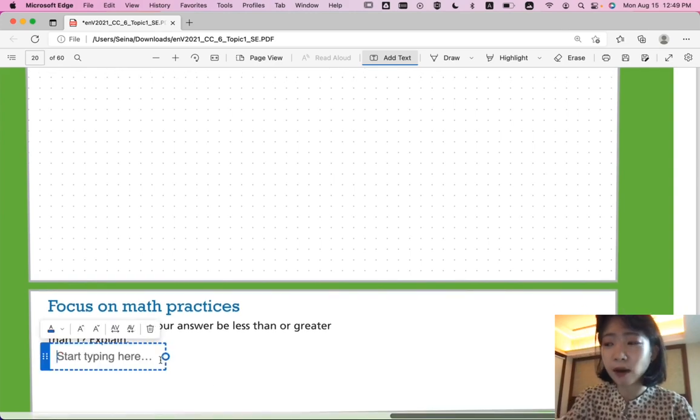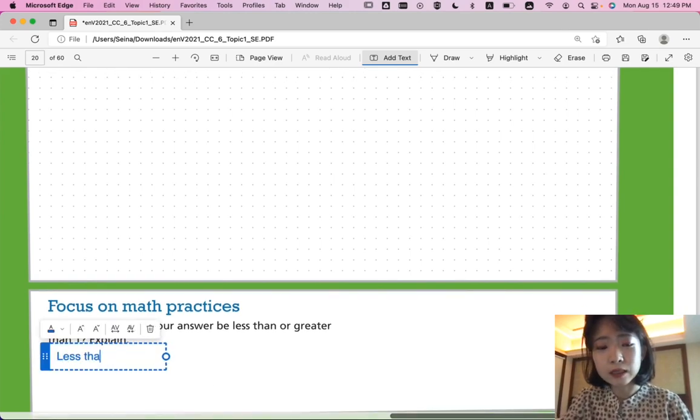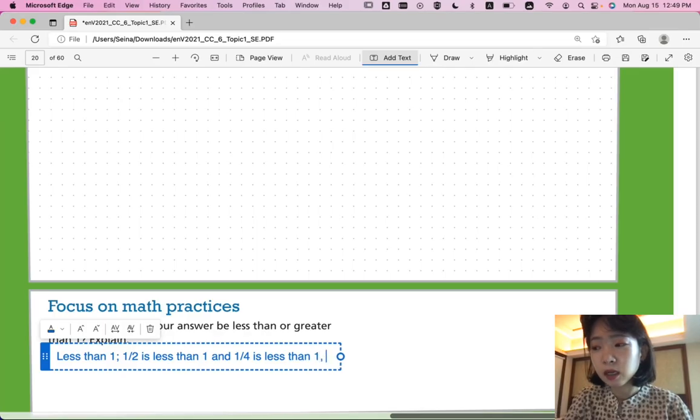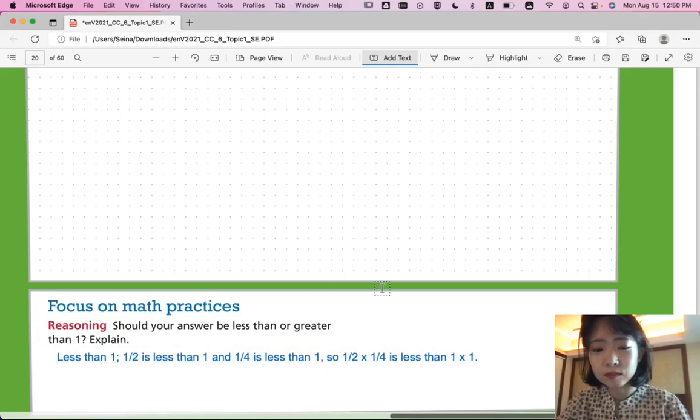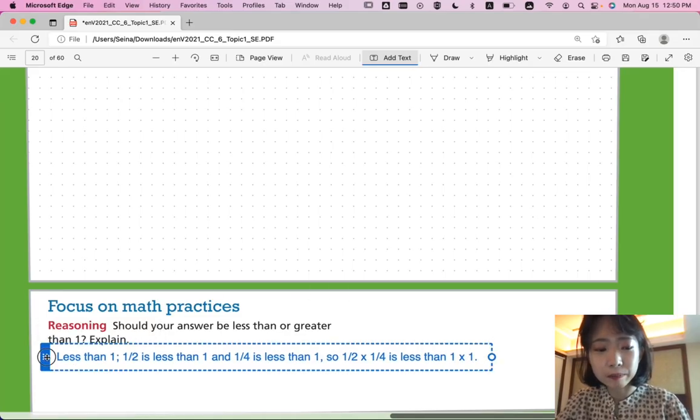Let's explain it further. It needs to be less than 1 because 1/2 is less than 1 and 1/4 is less than 1. So 1/2 times 1/4 is less than 1 times 1. That's another way to explain it.